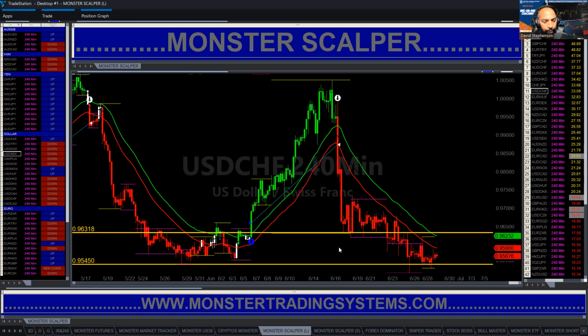So what would we wait for here? Anyone? We're waiting for that break of resistance or support. If it breaks support, that's redistribution. Price will go lower. Sellers are in control, price will go lower.